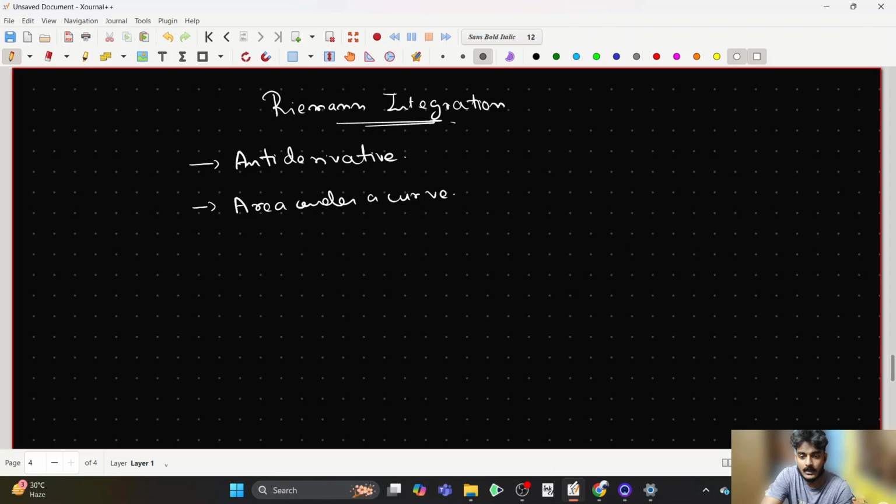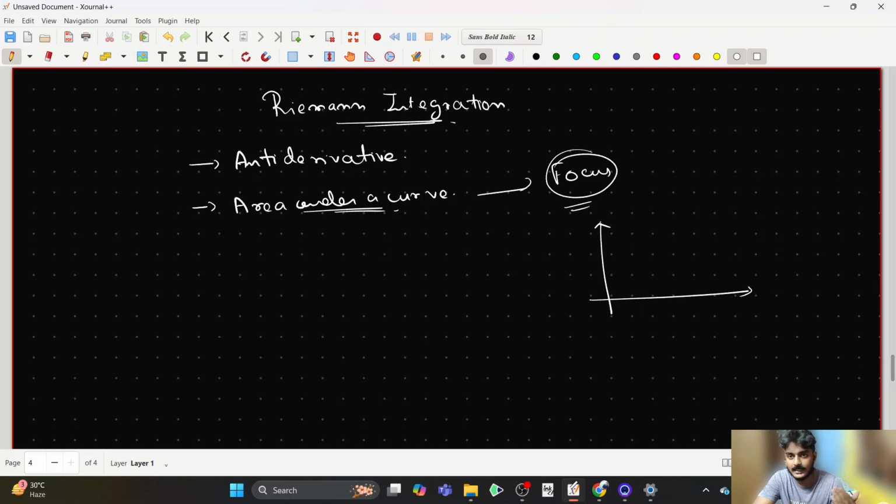Okay, fine. So this will be of more focus while treating the formal theoretical construction of an arbitrary integration. So let us see a diagrammatic example of the idea behind Riemann integration.